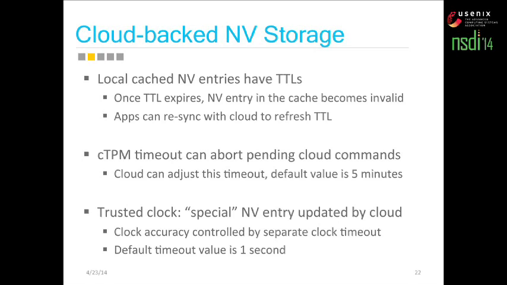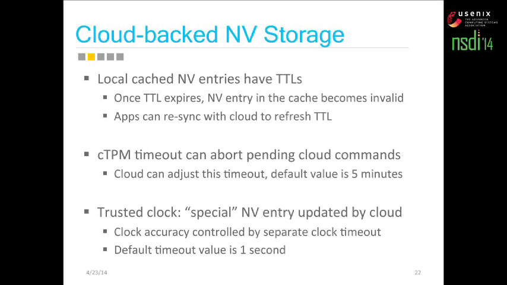Finally, with this remote NV storage enabled, providing a trusted clock is straightforward. The cloud can simply reserve a special TPM remote NV index and put the clock information into this remote NV index.